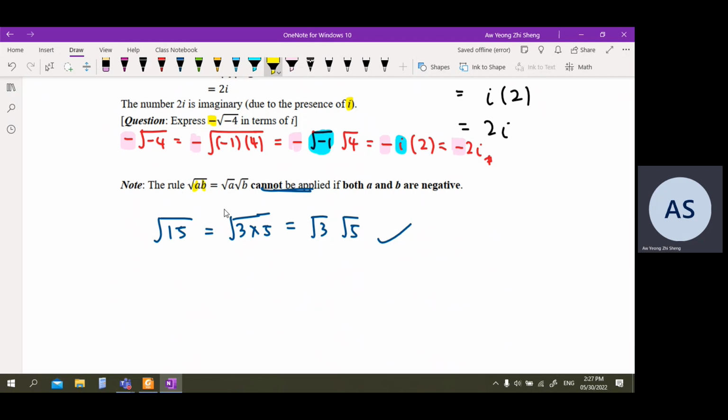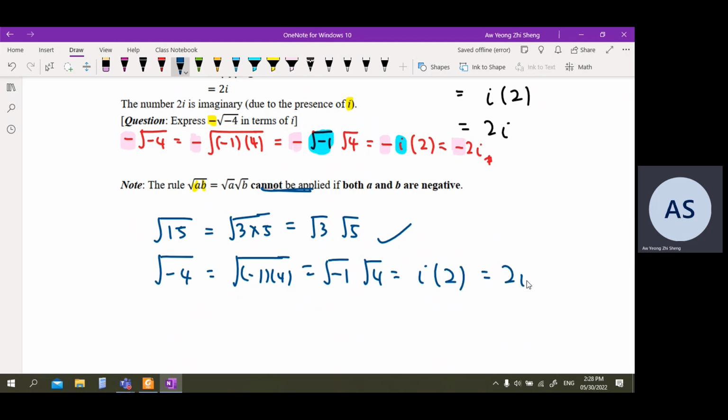If exactly one of A and B is negative, it is still okay. For example, the square root of negative 4 is interpreted as the square root of -1 times 4. Then you get the surd of -1 times the surd of 4, which is i times 2, so you end up having 2i. This is still correct.